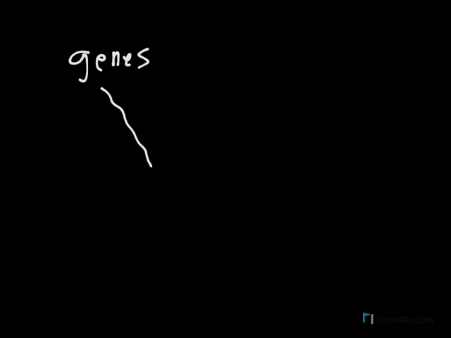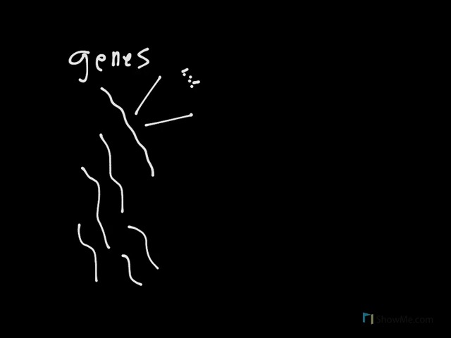So if you have 23 of these chromosomes in a gamete, and you were to zoom in on one of them, you would see a whole bunch of little genes, and the genes are what carry the traits. And so when they talk about genetic engineering, what they're doing is coming in and snipping out a section of the genes. So genetic engineering is adjusting the genes in a chromosome.